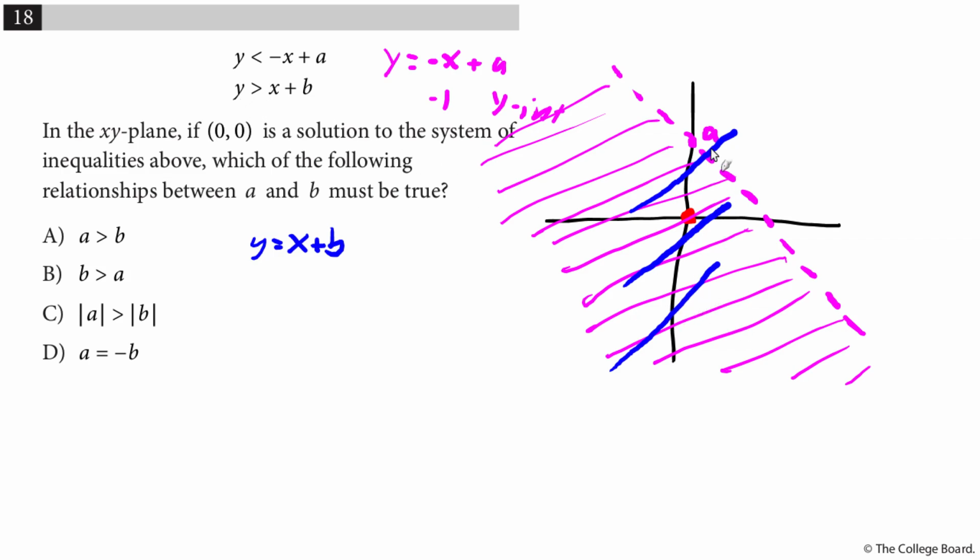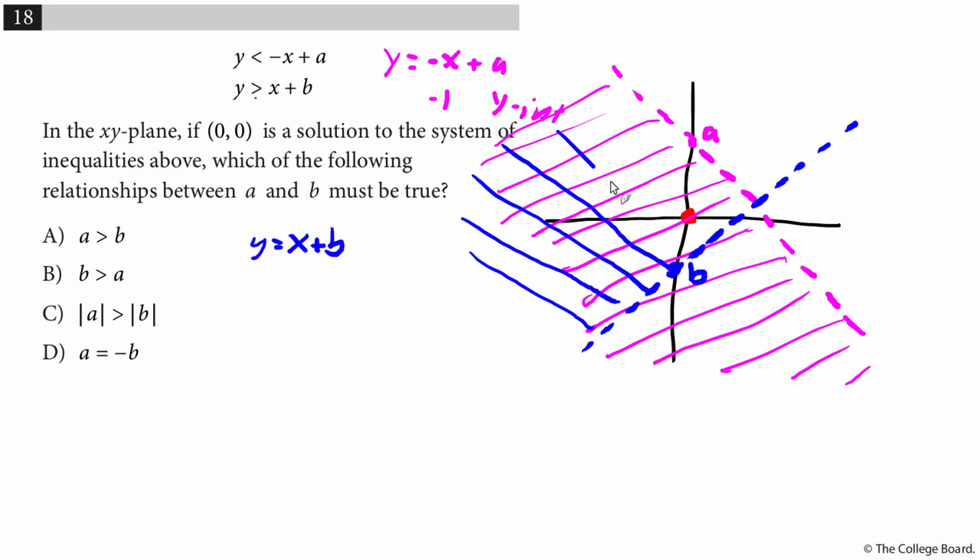And I can see if my line is up here, (0, 0) will not be in that solution. So I need to have a b value down here. So let me get rid of those. And again, it's a strict inequality, so I'll make a dotted line. I can see that my b value is down here, and I'll get the half plane up here.